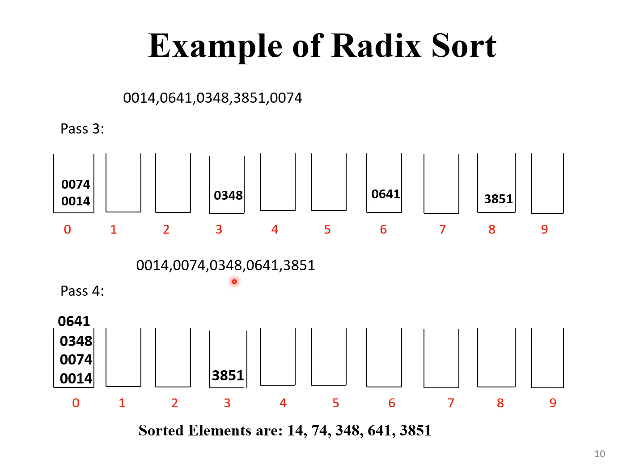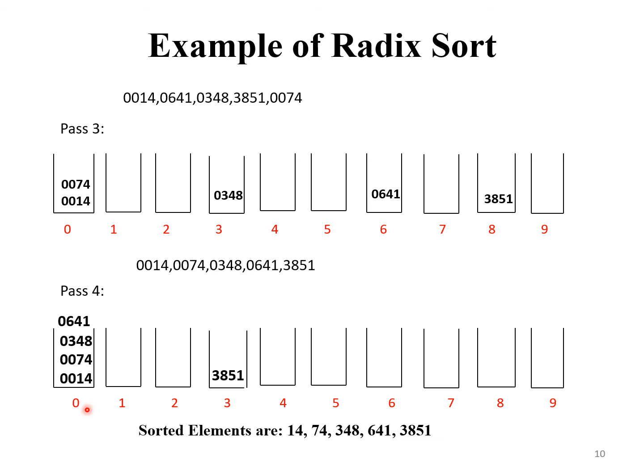Next is 0348, most significant digit 0, 0th bucket. Next is 0641, most significant digit 0, 0th bucket. Next is 3851, most significant digit 3, so we place this number in the third bucket.